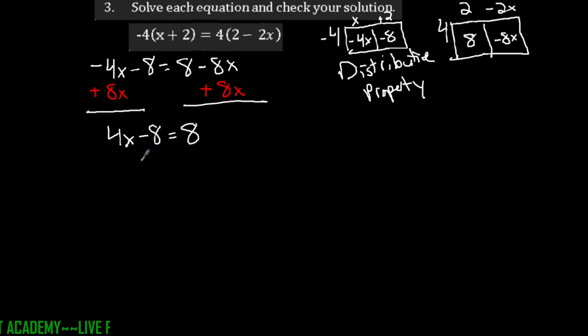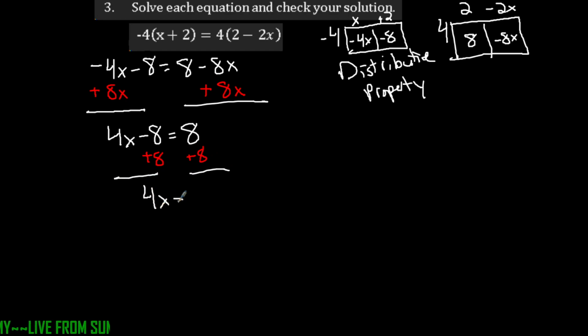Two-step equation: add the opposite to both sides. I'm going to get the constants all to one side, so I add 8 to both sides. So I have 4x equals 16. Divide both sides by the coefficient, divide both sides by 4, and I'm going to say x equals 4.